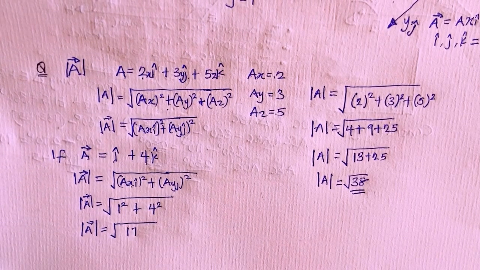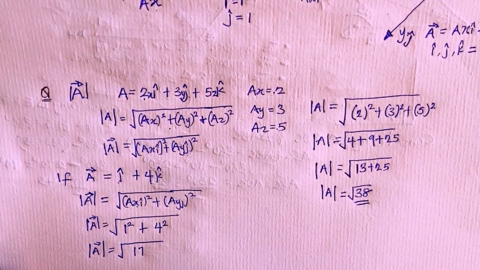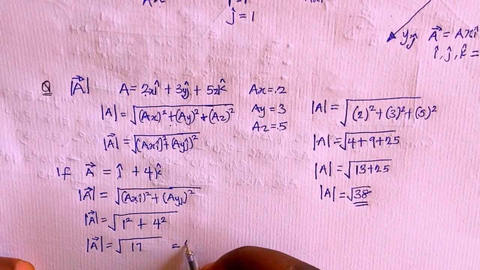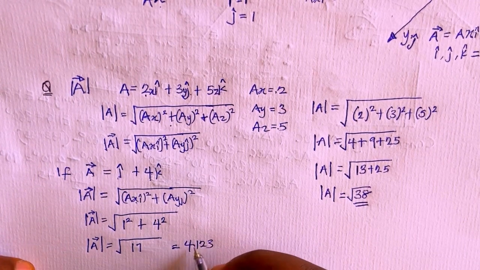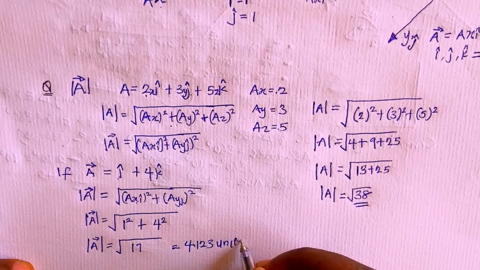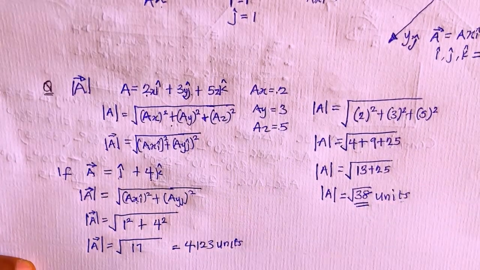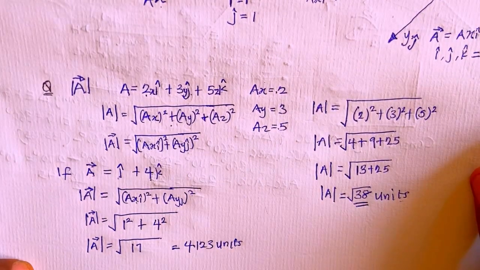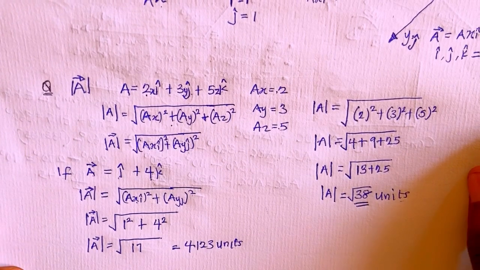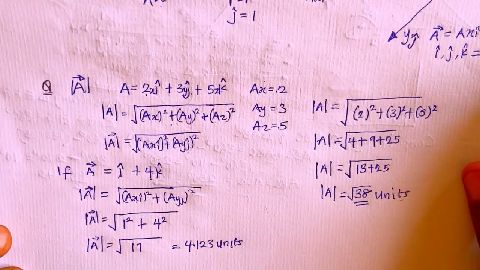And the root of 17 is 4.123 units. We can have it in units because we are dealing with magnitude.